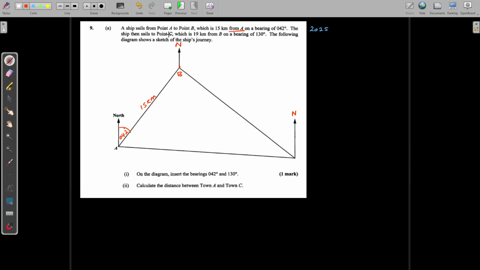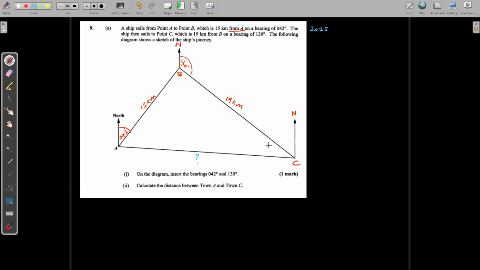And so the ship then sails to point C, which is 19 kilometers on a bearing of 130. So that's basically all the information that they gave us. So this will be point C. And they want us to calculate the distance between A and C. So this distance, that's the unknown.